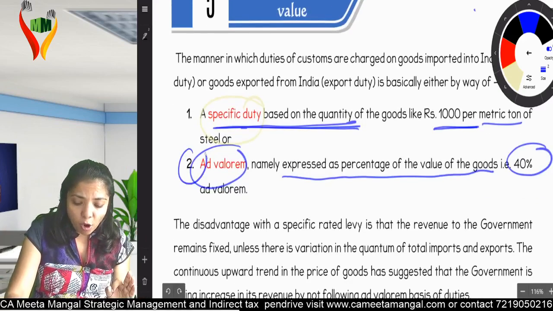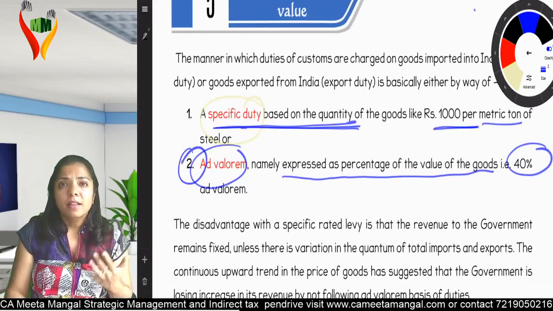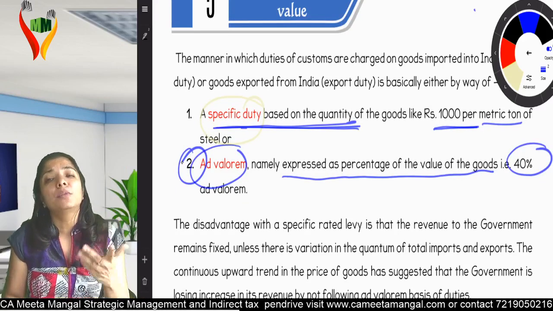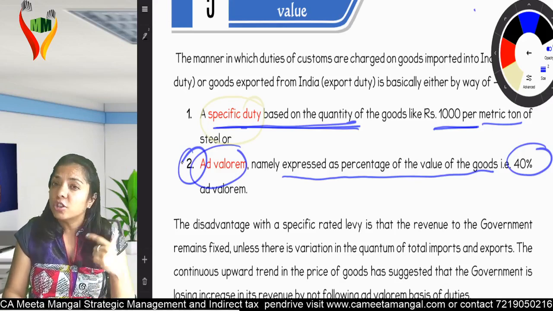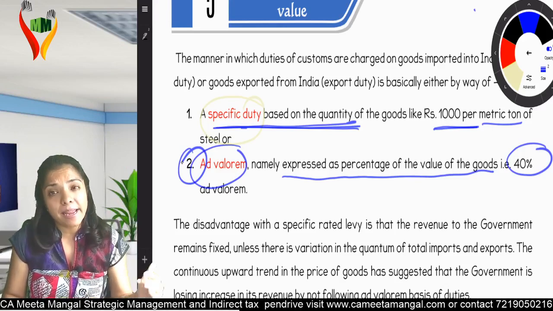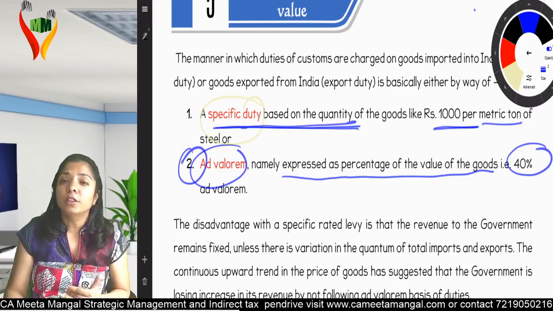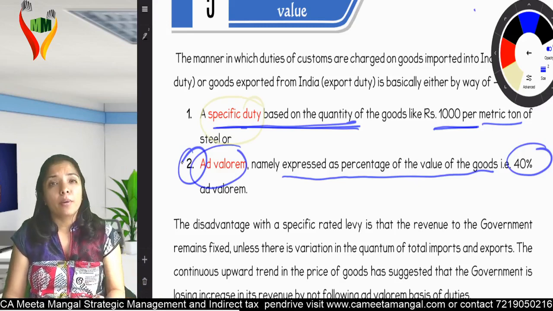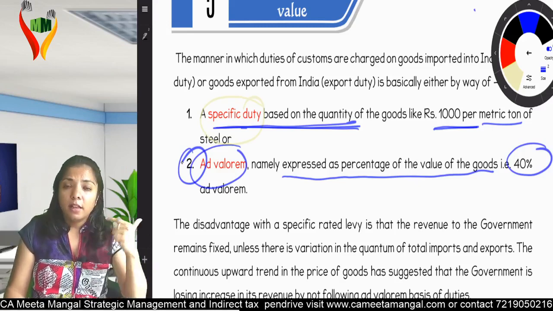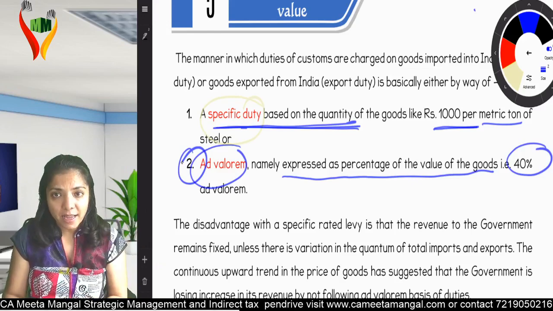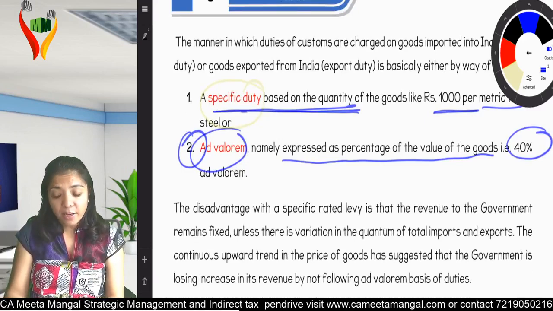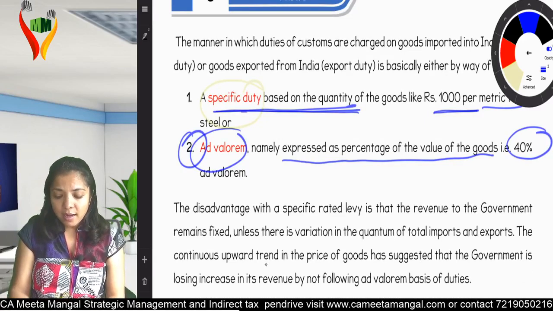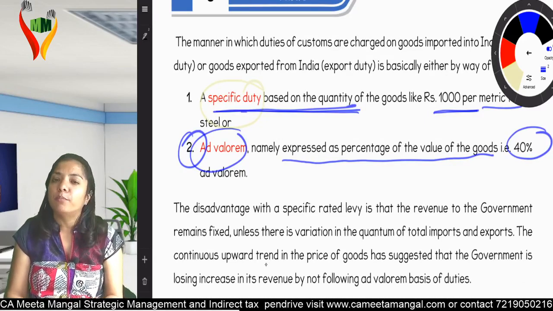Normally people, or the government, prefer the second. Why? See, in the specific duty method on the basis of quantity, even if the value of the goods changes, the duty amount will remain the same, because here you are paying duty on quantity. But in ad valorem, if the value keeps on increasing, the duty amount will keep on increasing. So what's written over here? The disadvantage with a specific rated levy is that the revenue to the government remains fixed unless there's variation in the quantum of total imports or exports.